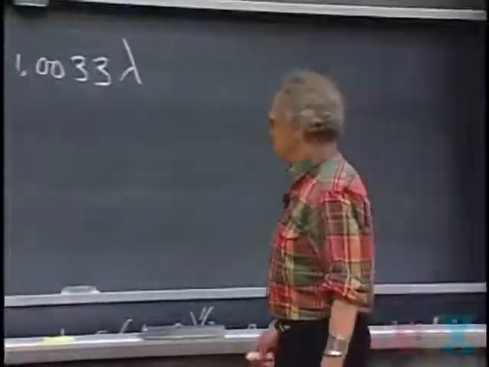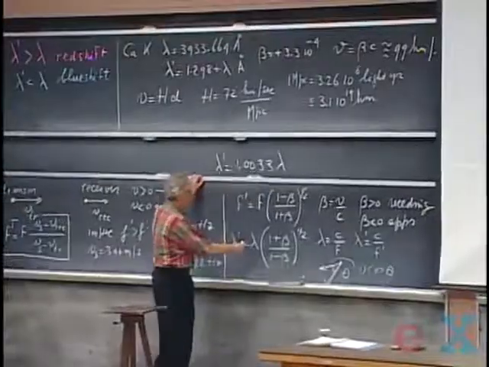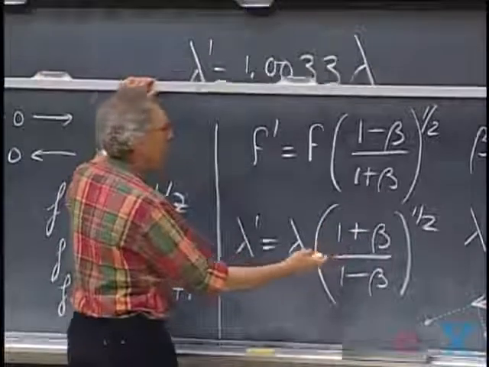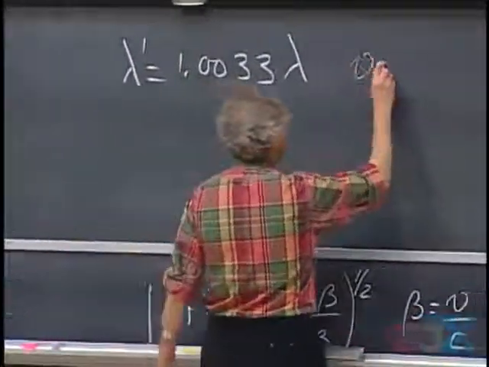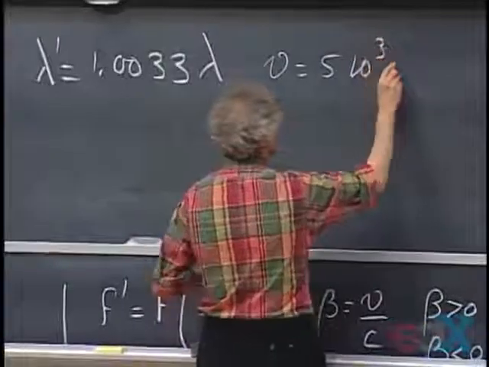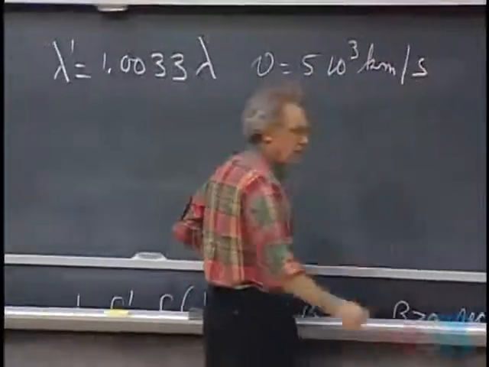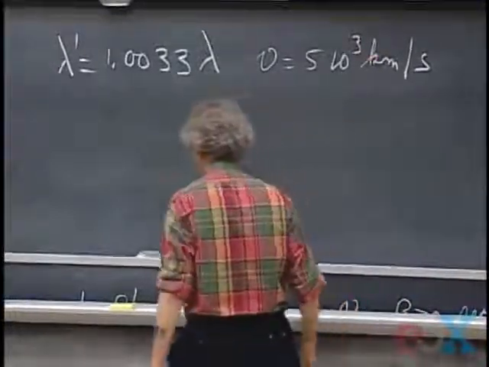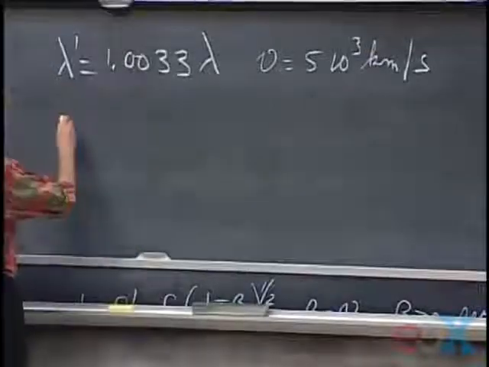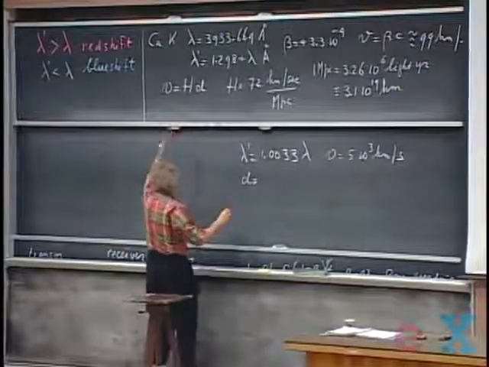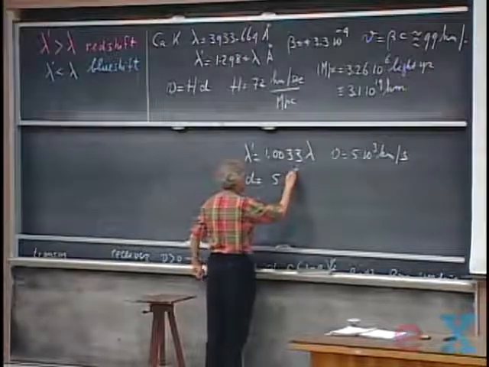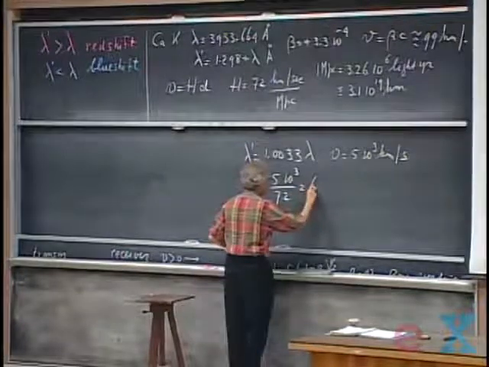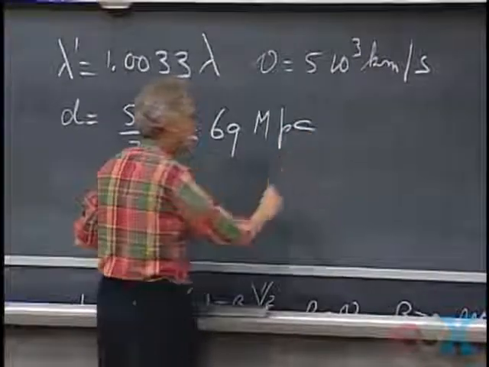I go to my Doppler shift equation, calculate beta, one equation with one unknown, and I find that V is 5,000 kilometers per second. Very straightforward, nothing special. Very easy calculation. But now with Hubble's law, I can calculate what d is, because d is the velocity, 5,000 kilometers per second, divided by 72, and that is approximately 69 megaparsec.